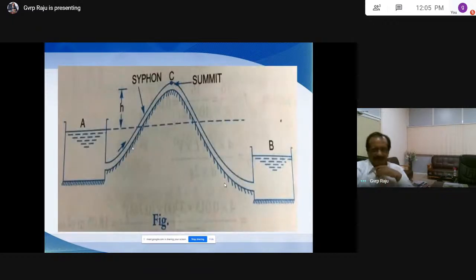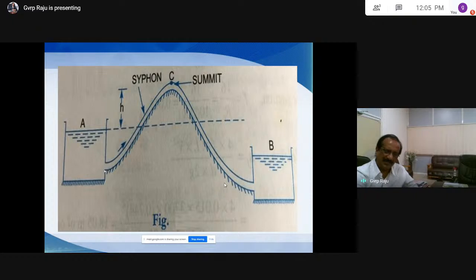What are the losses here? Here we have entry loss, and we have friction loss along the pipeline. Neglect bend losses.